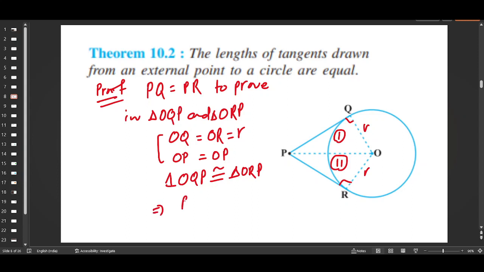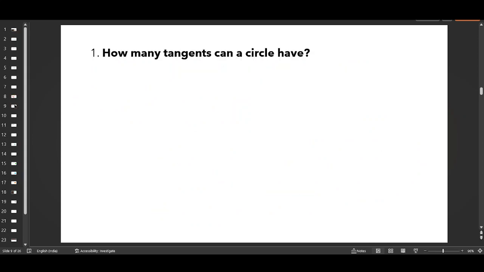Now PQ equal to PR. PQ equal to PR. That is the point. This is the proof. You can prove it with the help of CPCT. Clear? Now move on to the next point.